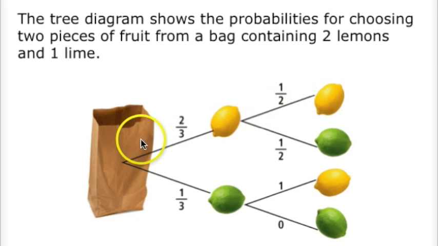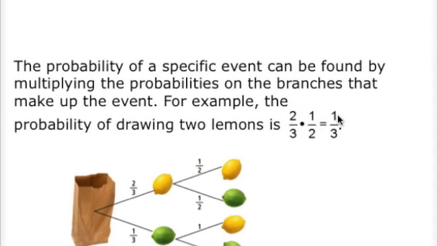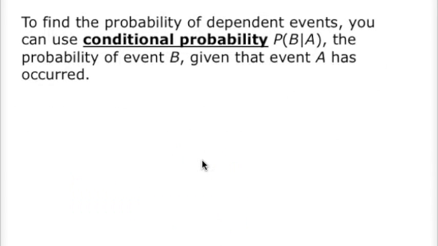If I want to find the probability of drawing 2 lemons in a row, I have to multiply. The first time I have 2/3 because there are 2 lemons in the bag out of 3. And the second time I draw, I only have 1 lemon left in the bag out of 2 objects. Multiplying those together gives me 1/3 for the answer. I put the picture right here, so I could have looked right here to see it.